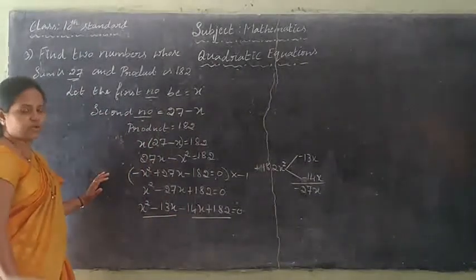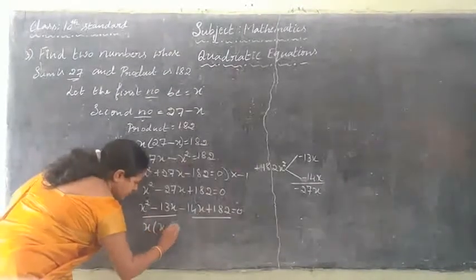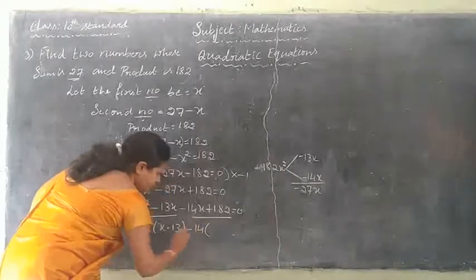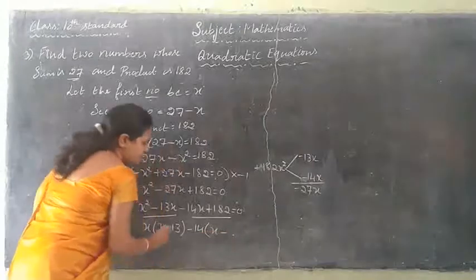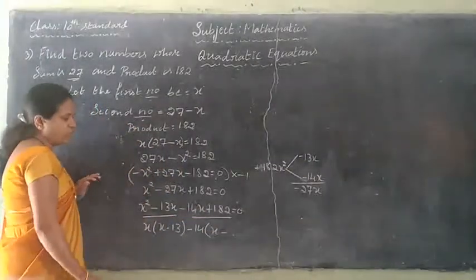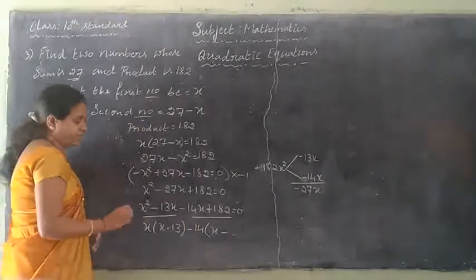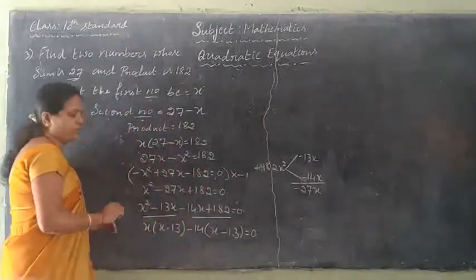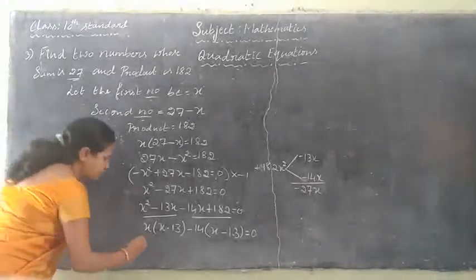Can we take x as common? Yes. x into x minus 13. Here, take minus 14 as common, children. You have taken minus as common, so the sign will change. So how many times does 14 divide 182, children? It divides 13 times. So x minus 13 is equal to 0. Right. Now x minus 13 is common. Take that out.